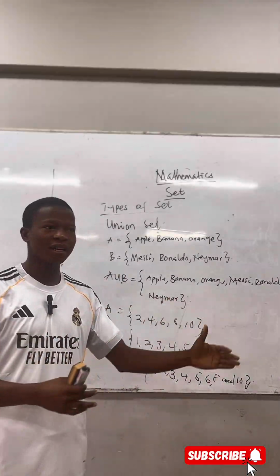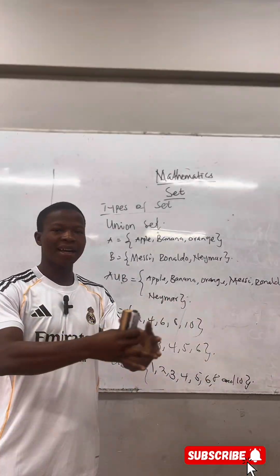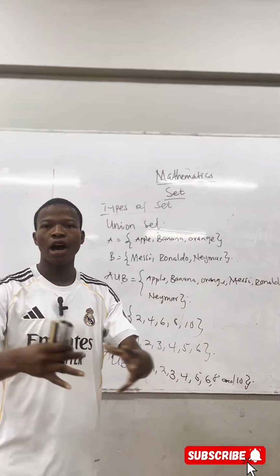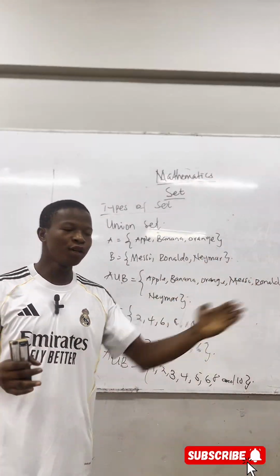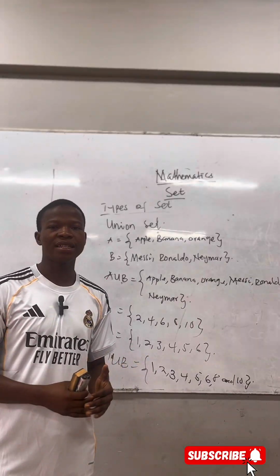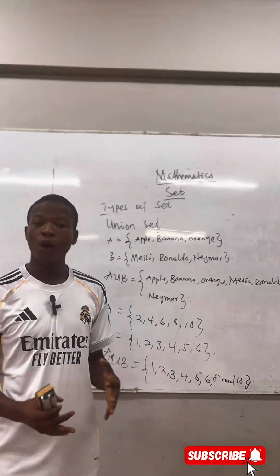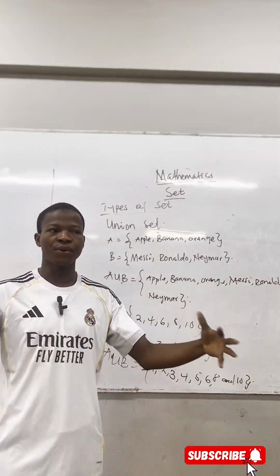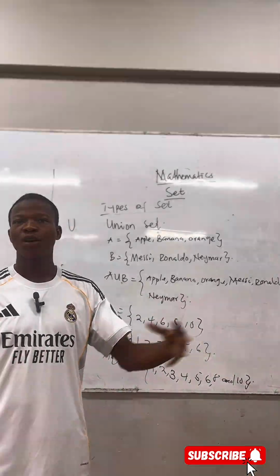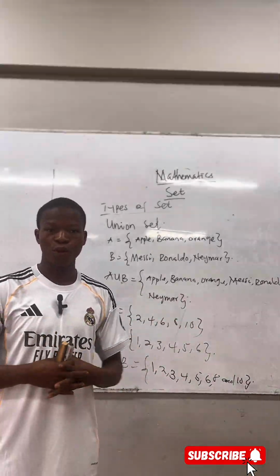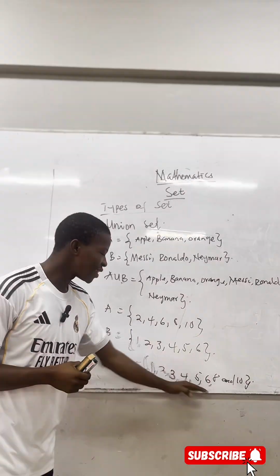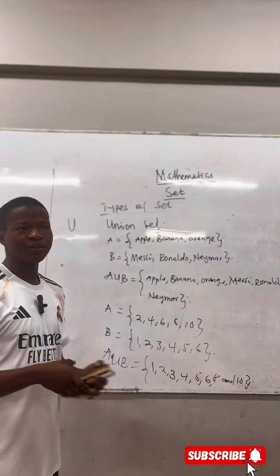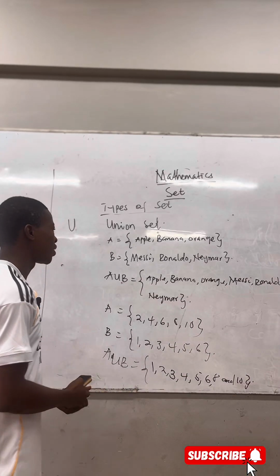This one does this, this one does this. By the end of the day, you bring the output together. For instance, you are working, your wife is working. You bring 2 CDs tomorrow, your wife brings 2 CDs. You bring 2 CDs tomorrow, your wife brings 1 CD. So this is a union. You are working together, and your resources are what? Brought together. So this is one of the practical examples of a union in real life.